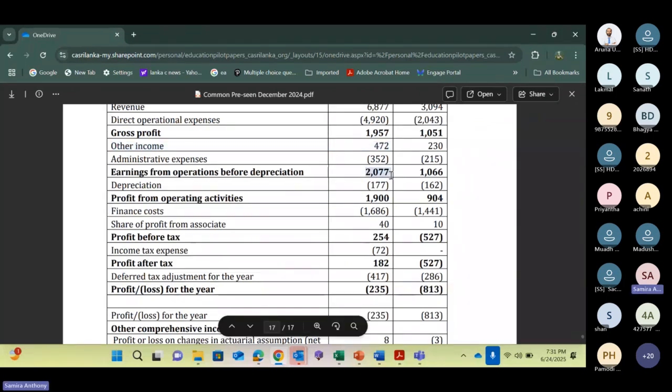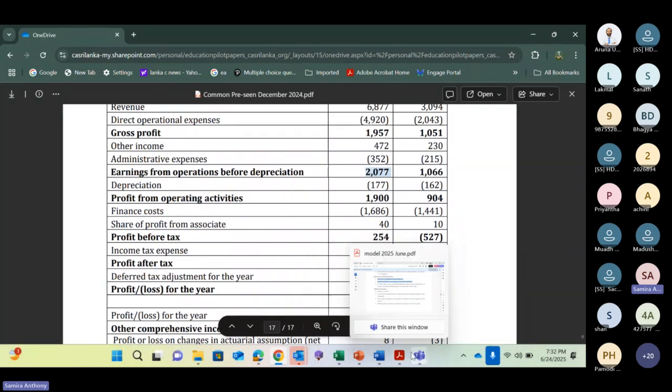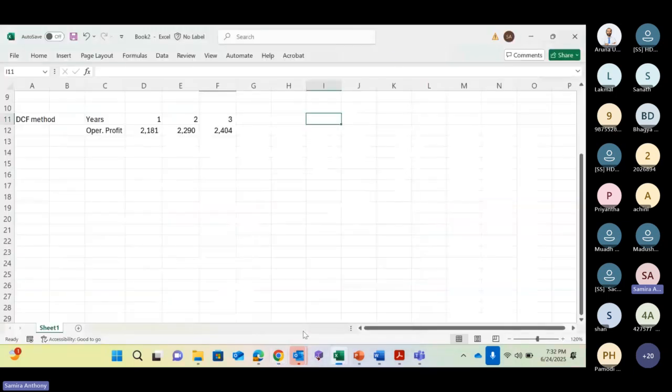Here, there is no finance income, but keep the theory in your mind, write it down if you want. When we do the valuations, when we calculate free cash flows to firm, you do not consider finance income in some cases, and in some cases you will consider it.